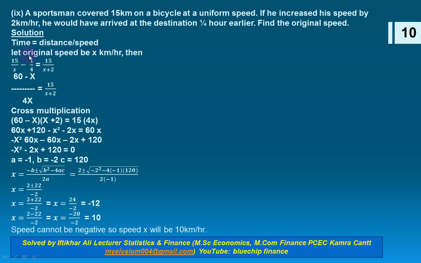Let the original speed be x kilometers per hour, then 15/x minus 1/4 equals 15 divided by x plus 2.